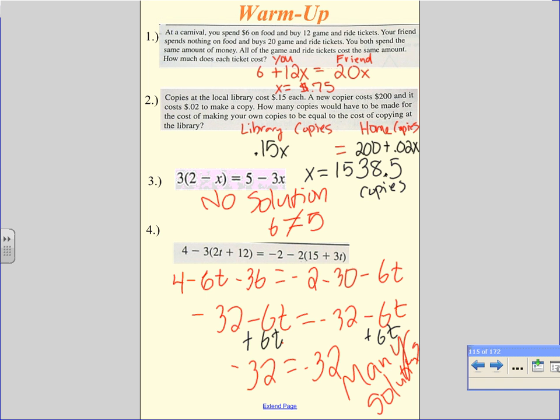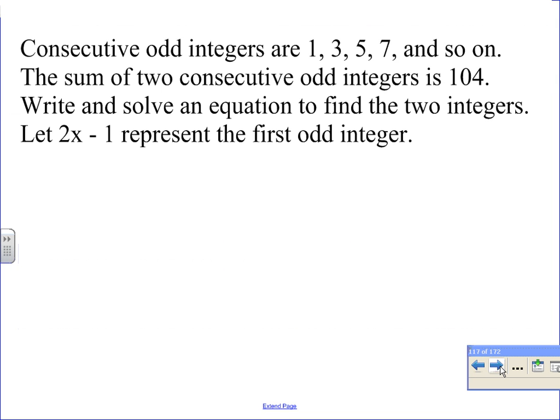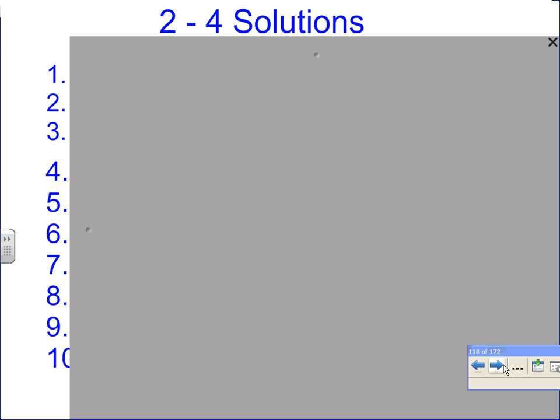Okay, so 2-4, I am going to read over these because I want to have time to do the part of the review in class. Okay, I'll wait till you guys get there so that you can check as I'm reading them. So 2-4 homework. It was the back of page 45. Okay, you ready?